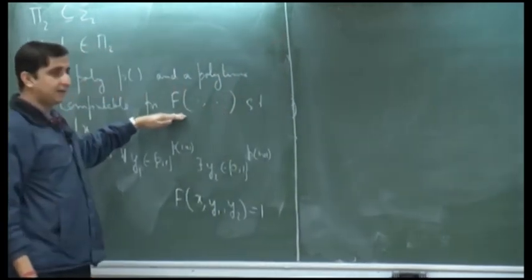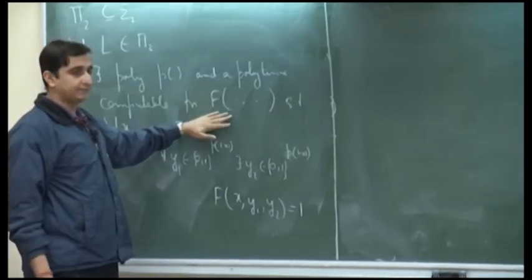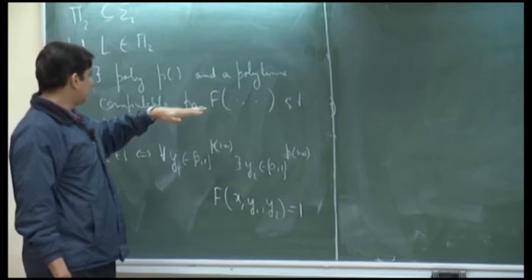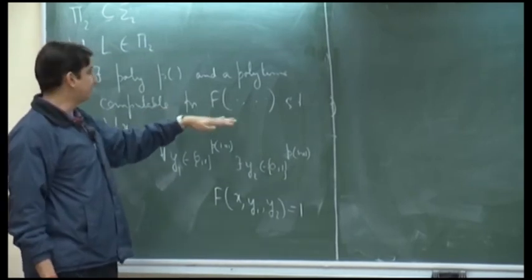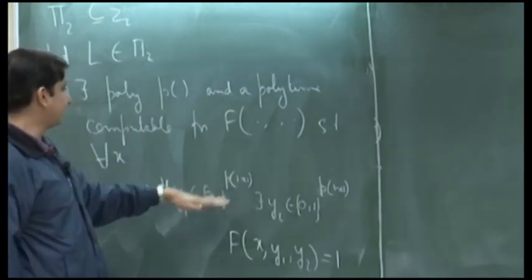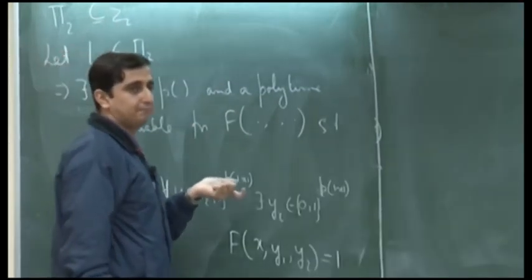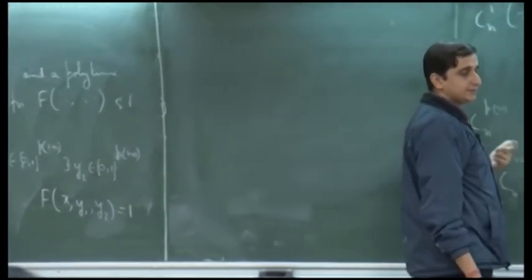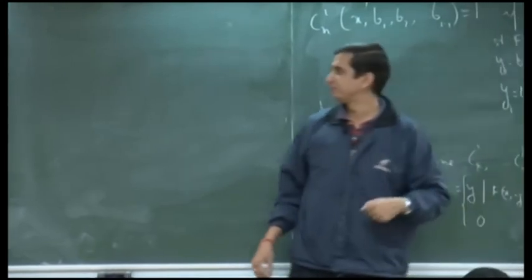What did we claim earlier? That for all functions f and for all polynomials, there exists a family of polynomial sized circuits such that that circuit given x will output a certificate y which makes that function evaluate to 1.